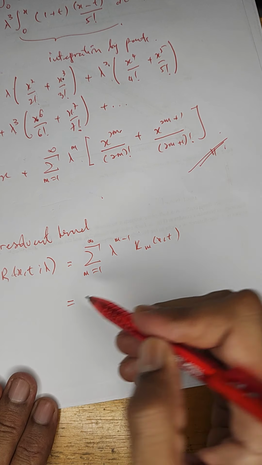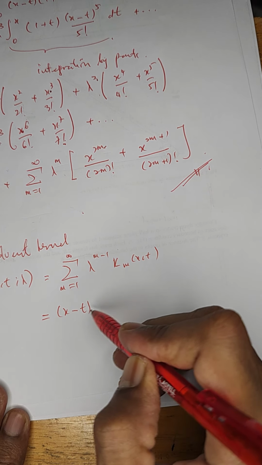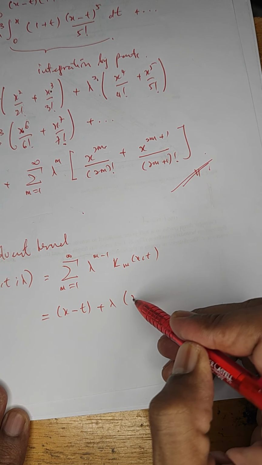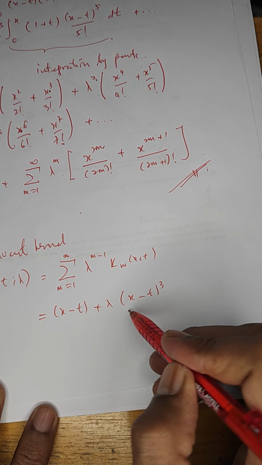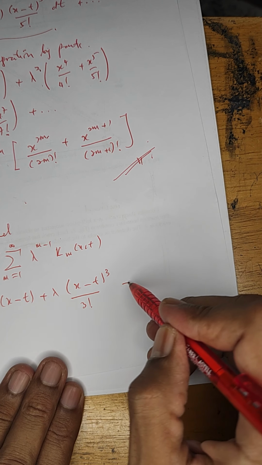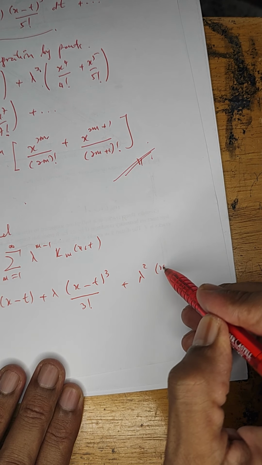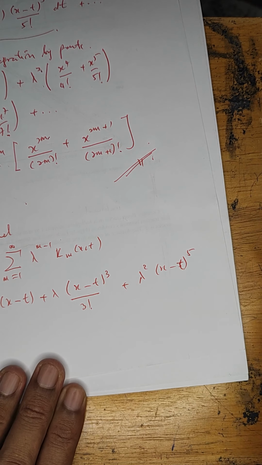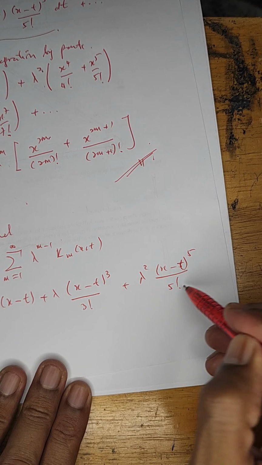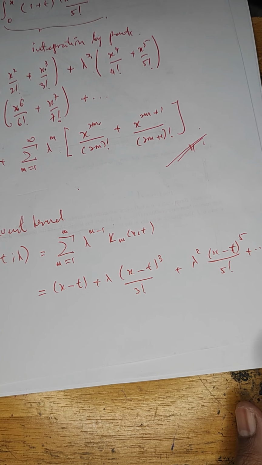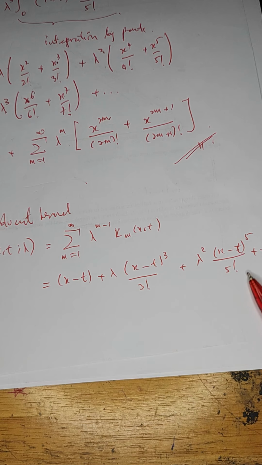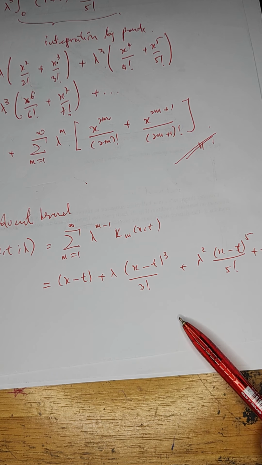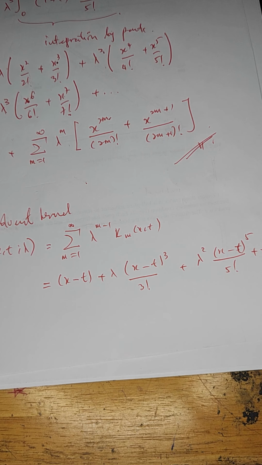If you do this, you will get x minus t plus lambda times x minus t cubed over 3 factorial plus lambda squared times x minus t to the 5 over 5 factorial, and so on. So even for the resolvent kernel in this case, we don't have a closed form solution. Therefore, this is one of the reasons why we find the solution in the form of a Neumann series.